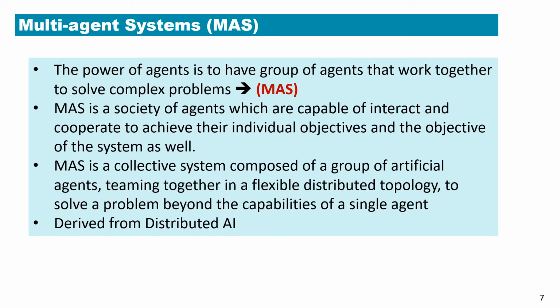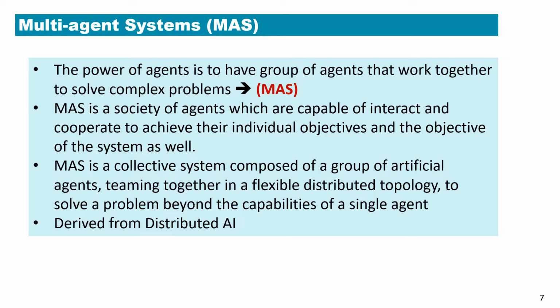One of the key features of the agent approach is having a group of agents cooperating with each other to solve a complex problem which cannot be solved by an individual agent. According to this concept, there is a need to have a framework or an environment to manage, organize, and orchestrate those agents.